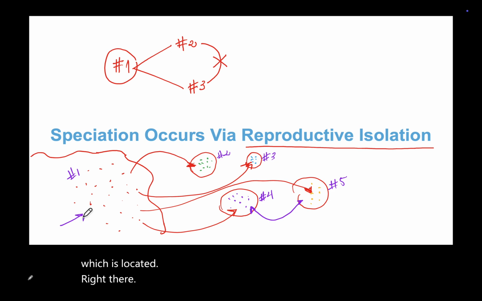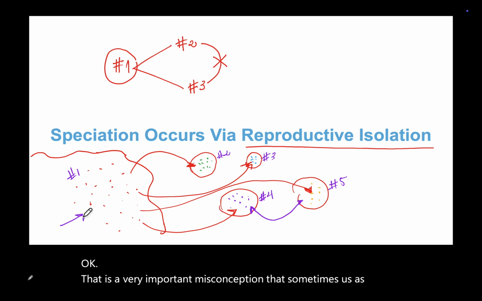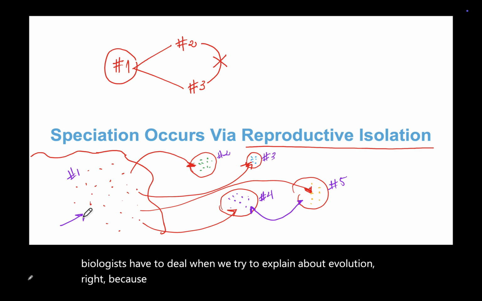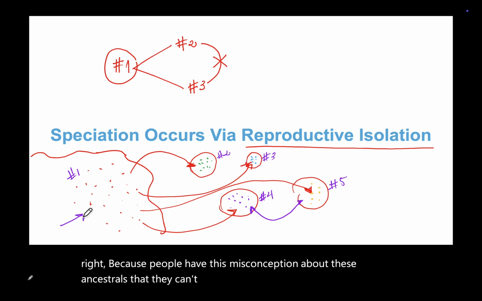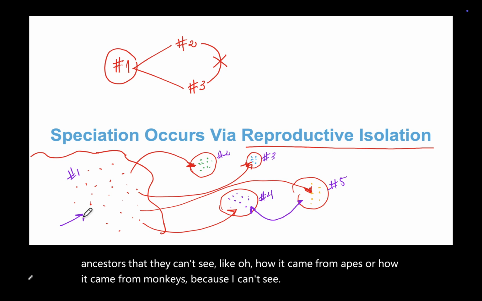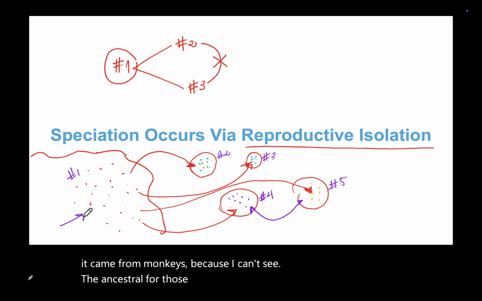Okay? That is a very important misconception that sometimes we as biologists have to deal with when we try to explain evolution, right? Because people have this misconception about these ancestors that they can't see, like, oh, how did we come from apes or from monkeys, because I can't see the ancestor for those two species, right?